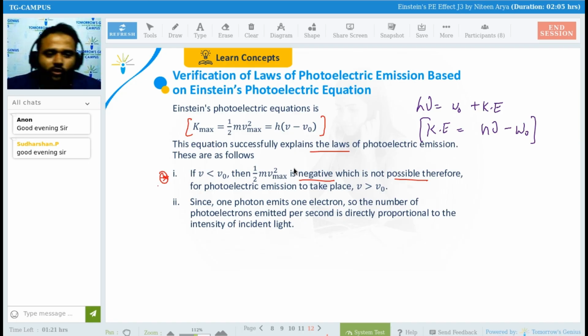Why can kinetic energy not be negative? What is the physical significance of negative kinetic energy?